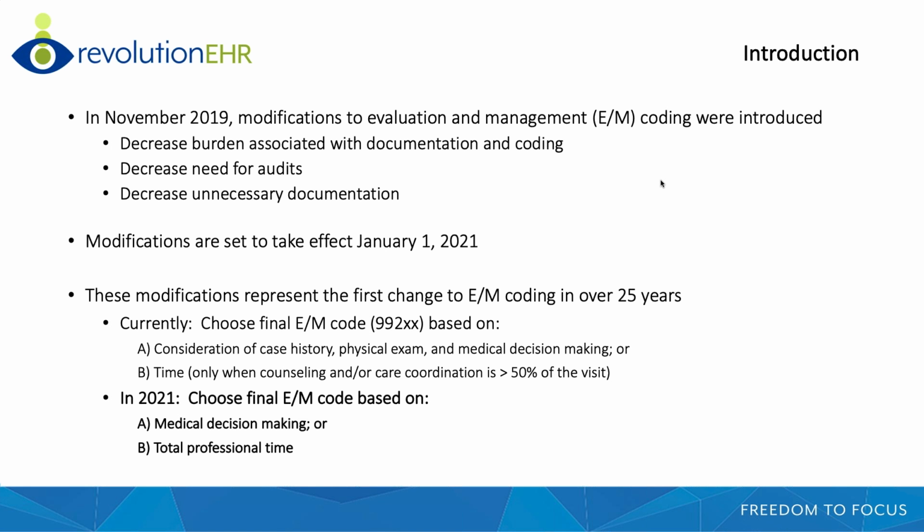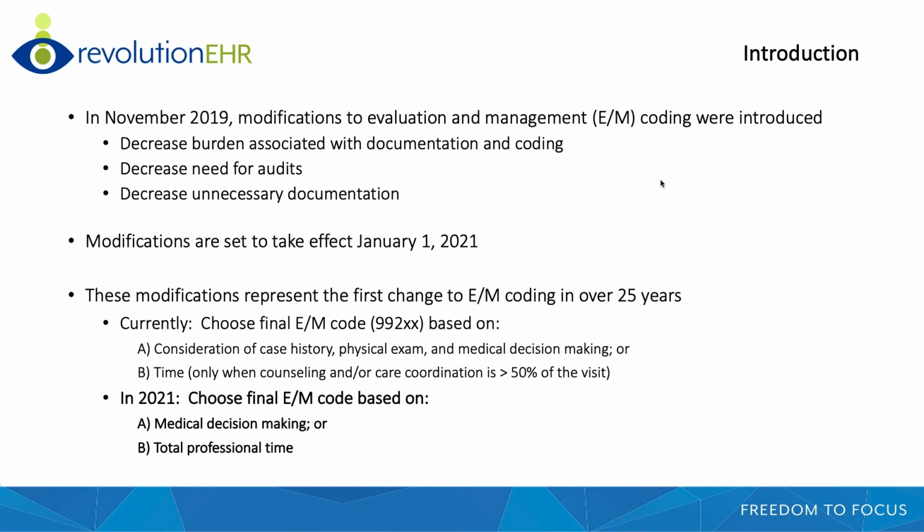But on the Evaluation and Management Coding front, the powers that be formally recognized back then that they were asking a lot of doctors in terms of documentation and coding. So these changes are aimed to decrease the burden associated with the traditional approach, decrease unnecessary documentation that was finding its way into medical records just to support certain coding levels, and even through all that, decrease the need for audits.